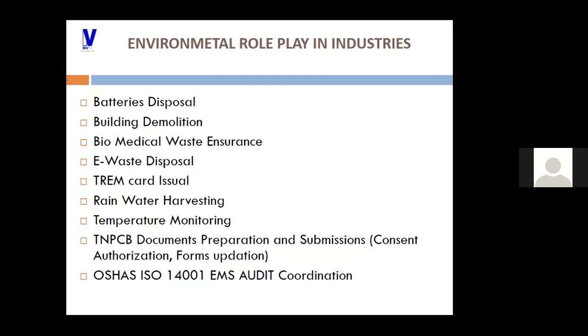So before installation of the ETP and STP, we should get the license from the TNPCB officials. Based on that, they will give various recommendations to our plant. And finally, OSHAS, ISO 14001 EMS audit coordination.